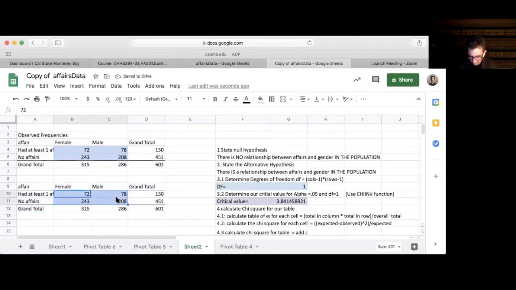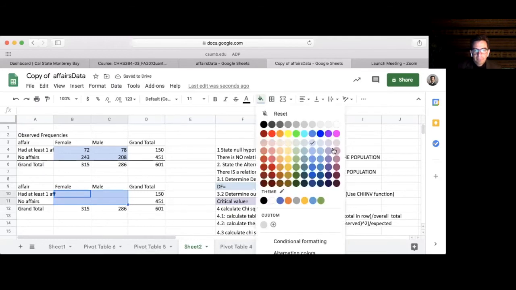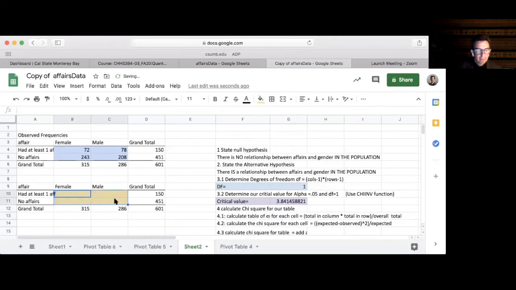But we're not going to need what's in there. I'm going to paint this a different color. It's going to be yellow. Okay, so to calculate, and we're going to call this the expected frequencies. Okay, so for each cell, we need the expected frequency here.